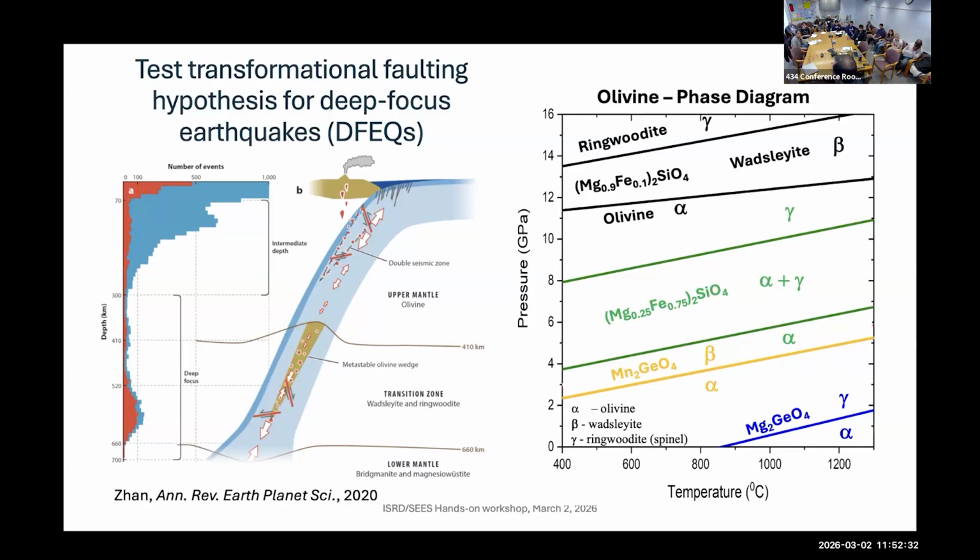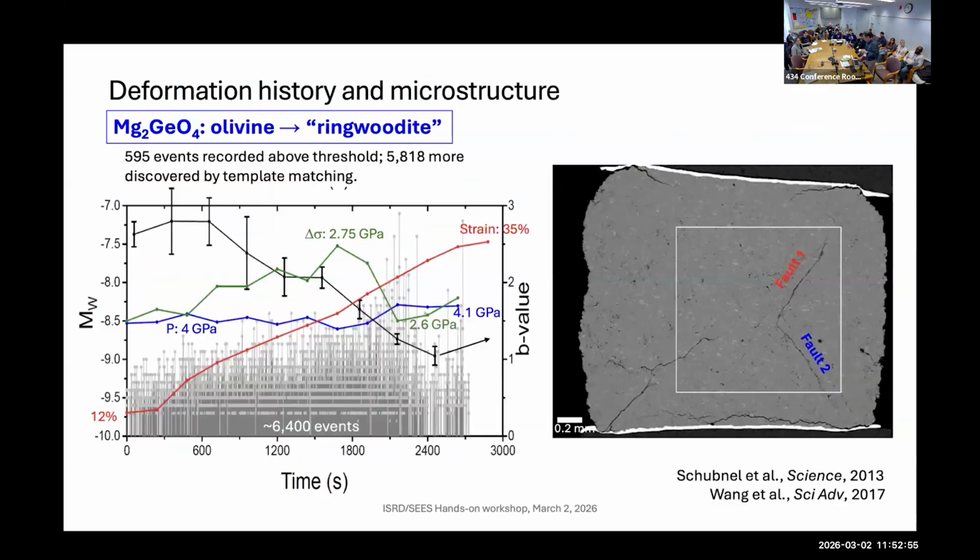And then we have the iron-rich silicate materials. So we basically apply pressure to these materials to the high pressure phase condition. We heat it up while deforming it. And in all these cases, as the material starts transforming, it generates acoustic emission signals showing cracks.